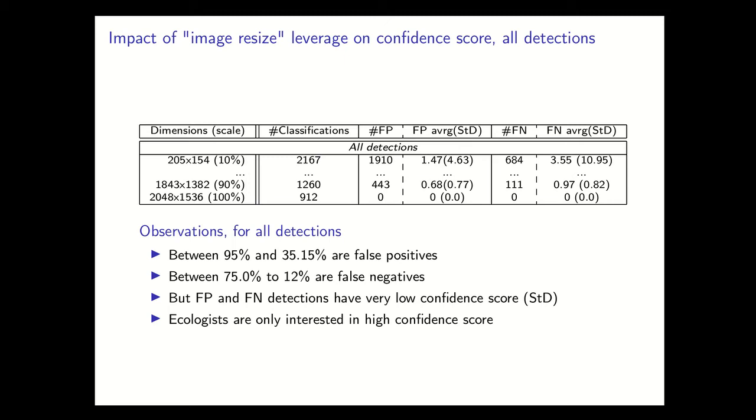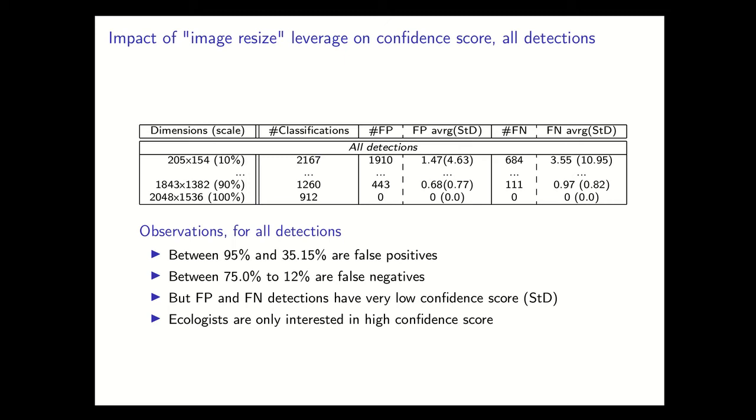And the same goes for the false negatives. We have between 75 to 12% of false negatives for the scales that go between 10% to 90%. But what is interesting to notice here is that the false positive and false negative detections have a very low confidence score. So it adds a lot of noise, sure, but they are detections that have a very low confidence score.